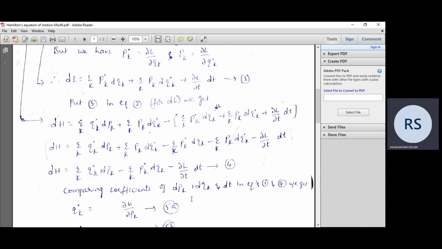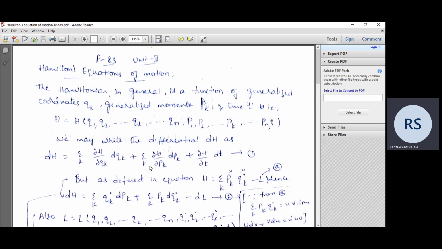Now let us compare the coefficients of dpk, dqk, and dt in equation number 1 and 4. This is equation number 4, where we have the coefficients of dpk, dqk, and dt.